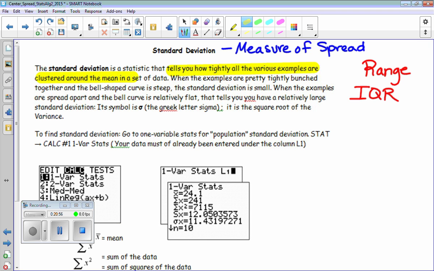It's a number, it's a measure of spread that tells us how close the numbers are together. And standard deviation is specific: how close they are to the mean. Remember what mean is. Mean is a measure of center. So standard deviation tells us how close the numbers are to the center. Okay? Now I'm going to skip this for just a minute.